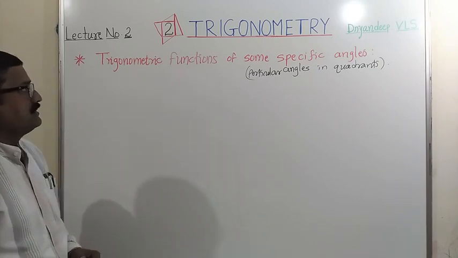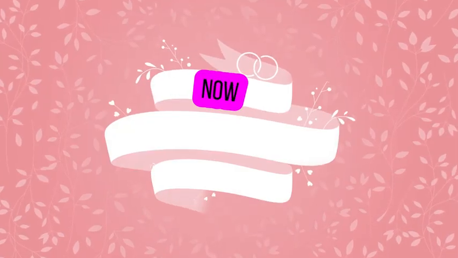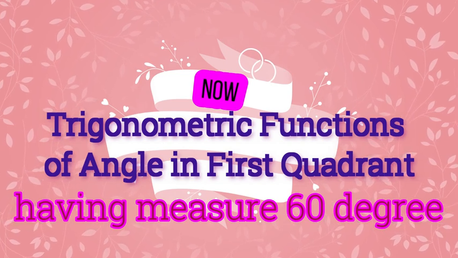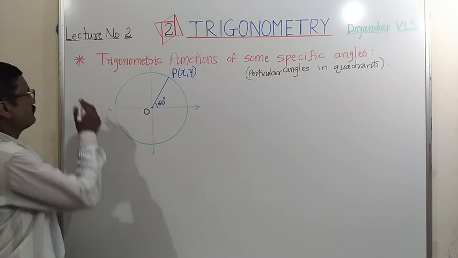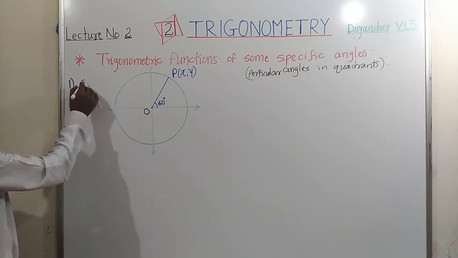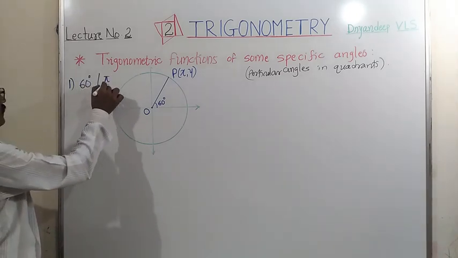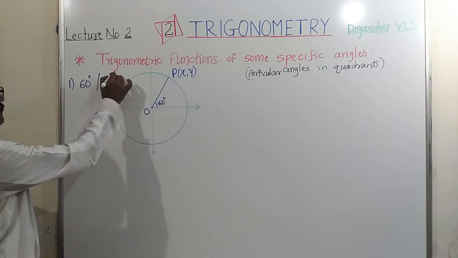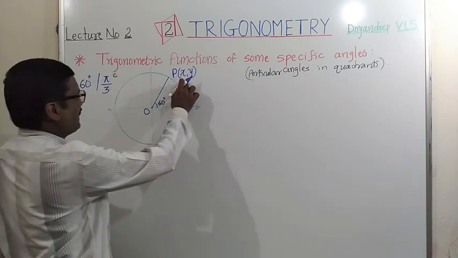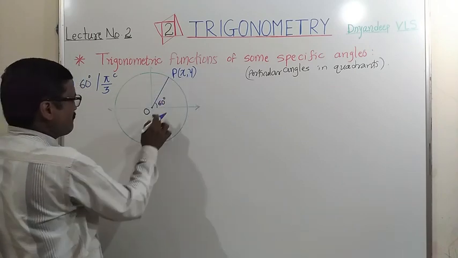Okay. Let us start with one angle in the first quadrant, and we will take here the measure of the angle as 60 degree. Let us see the first example of an angle having measure 60 degree. 60° is nothing but pi by 3 radian. Here point P having coordinates x and y, the inclination of line OP is 60.